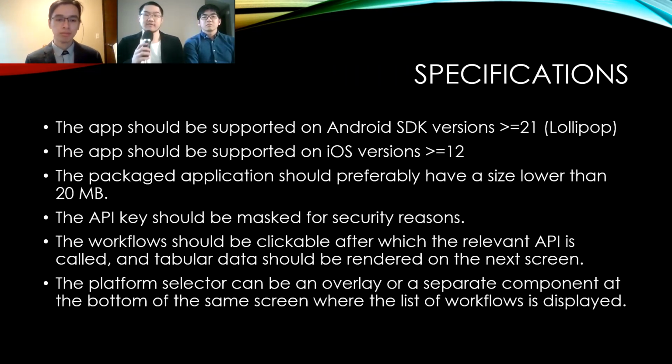And the workflows should be clickable, after which the relevant API is called. And tabular data should be rendered on the next screen. And the platform selector can be an overlay or separate component, at the bottom of the same screen where the list of workflows is displayed.